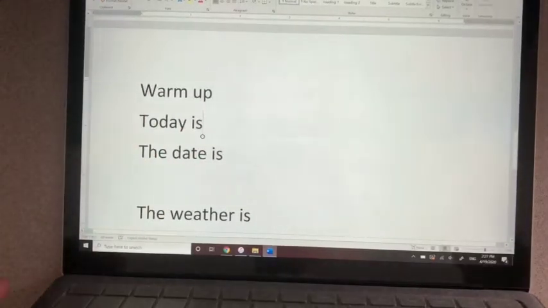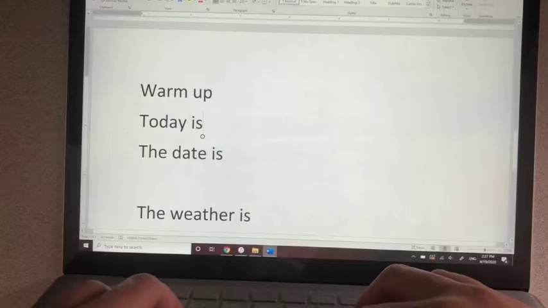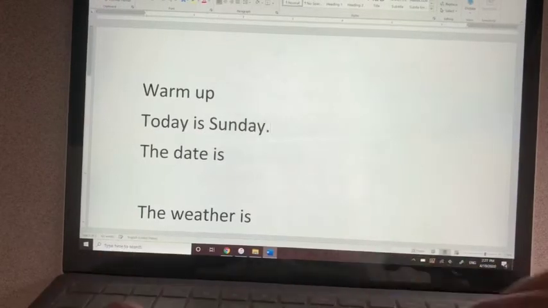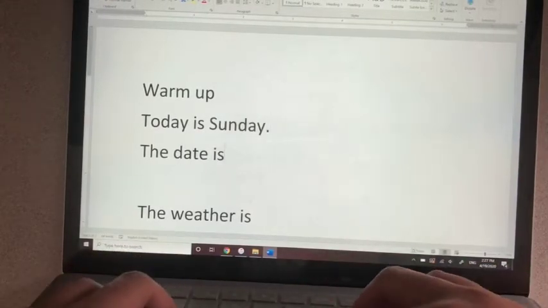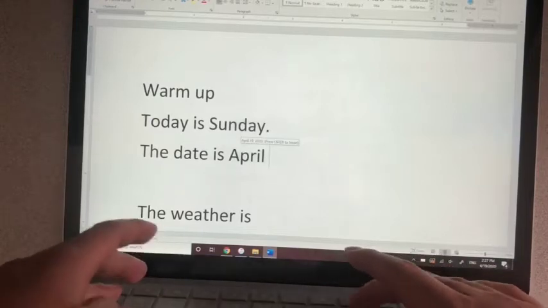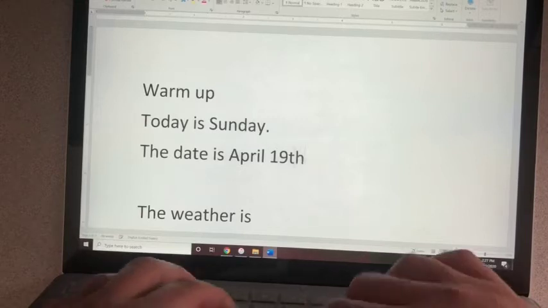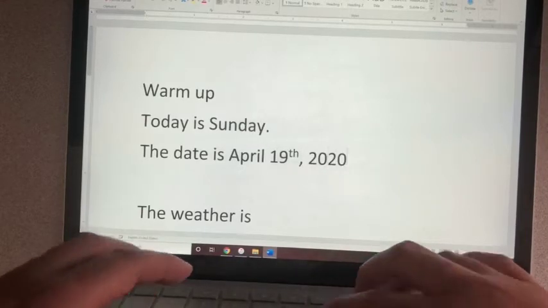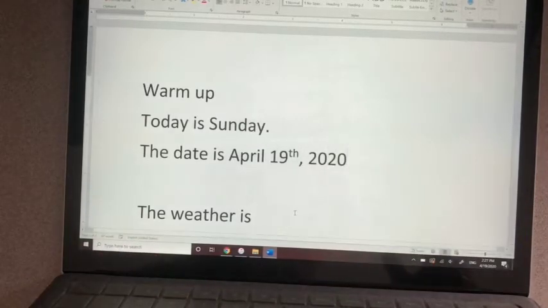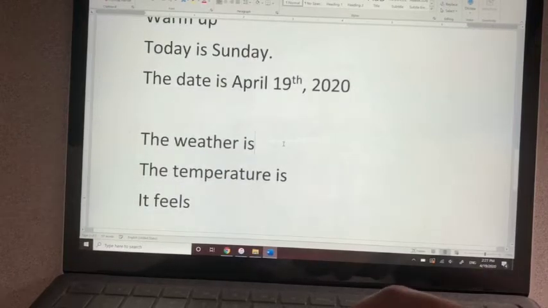Alright, so today is Sunday. The date is April 19th, 2020. Let's look at the weather and temperature.